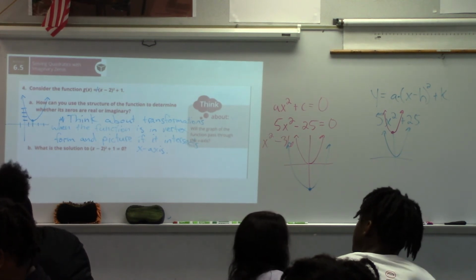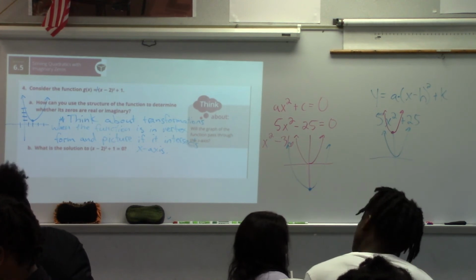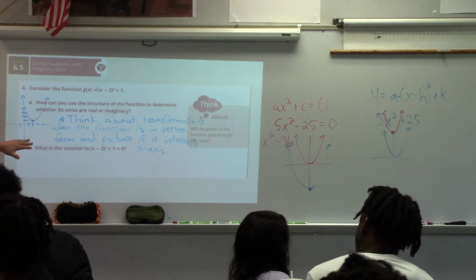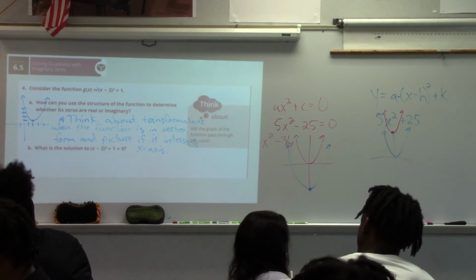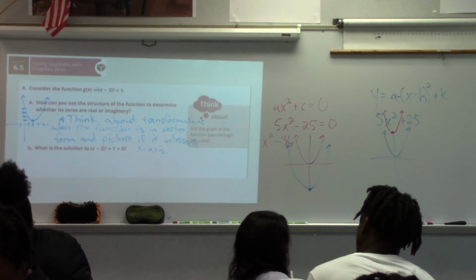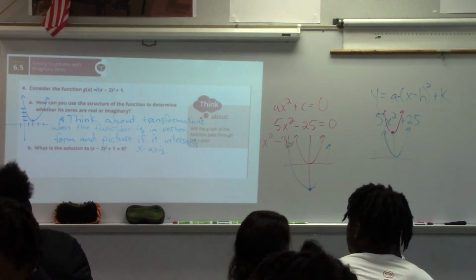It all connects somehow. Equivalence is an idea that has come up time and time again. This idea of transformations ties into the vertex form. Everything in math has connections, and when you look for the connections, it makes it more beautiful, and that's why every now and then I can get you to smile in my math class. Math is art.